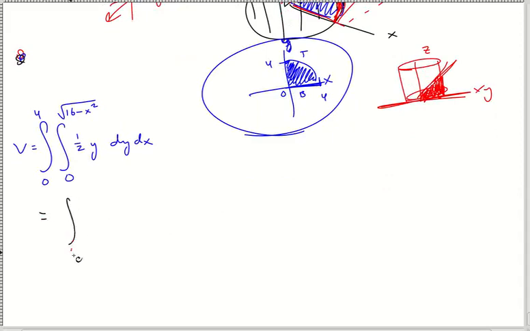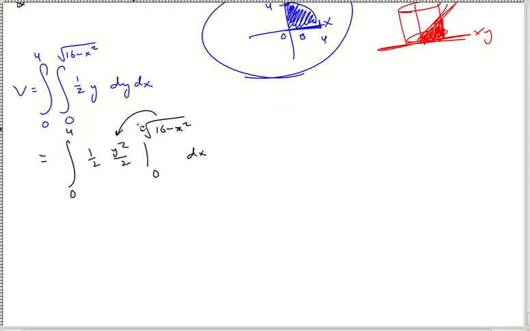So let's try to find this one. I'm going to integrate the first part in terms of y. y squared over 2, of course, from 0 to this big square root thing, dx. When you toss that in, 0, of course, cancels. I can put a 1/4 in the front. When you square a square root, you'll get back to the original.